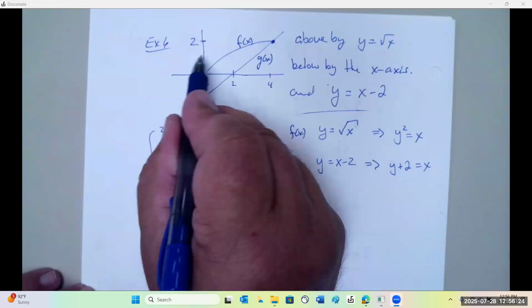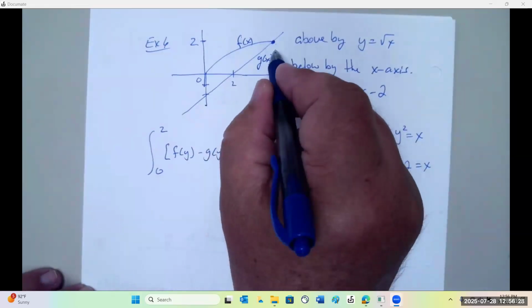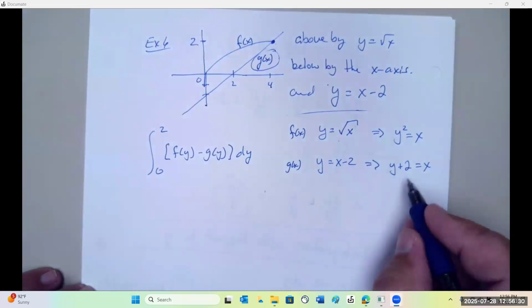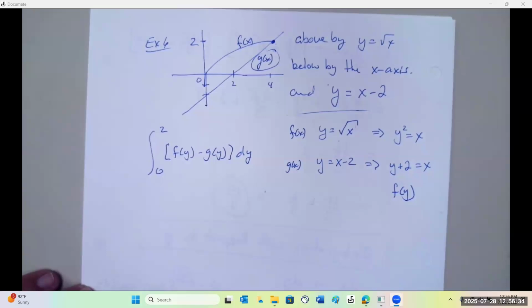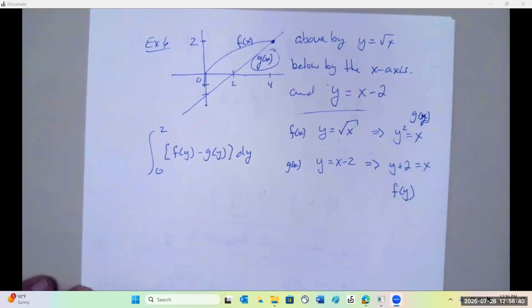Since we're integrating with respect to y, what's the outer function? This is the outer function, so this is f of y. This is the inner function, it's g of y.